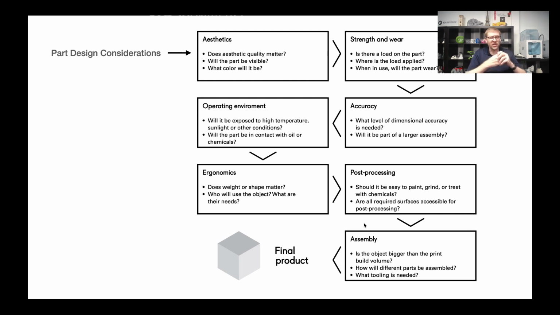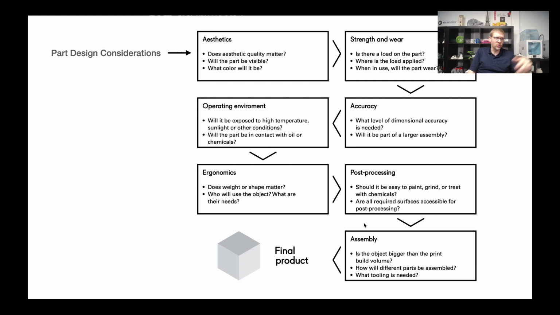What about accuracy? Are there going to be different parts that need to fit together in a certain way, where they have to have certain tolerances so that they'll move smoothly but fit snugly? Are there parts that maybe have to be split up because this is something that's too big and won't fit on your printer, so you have to print it in multiple pieces? That's something else you want to think about up front. What's the operating environment?